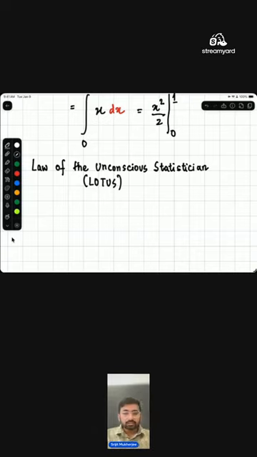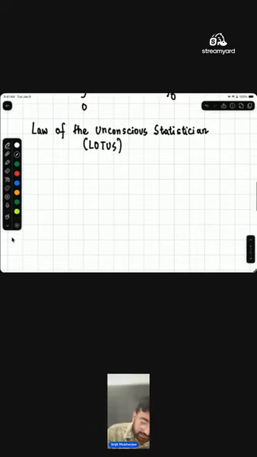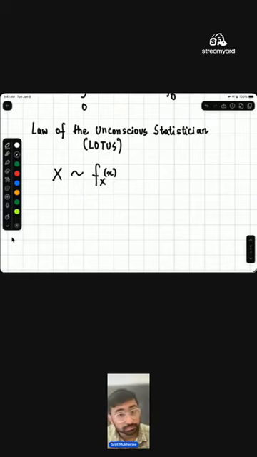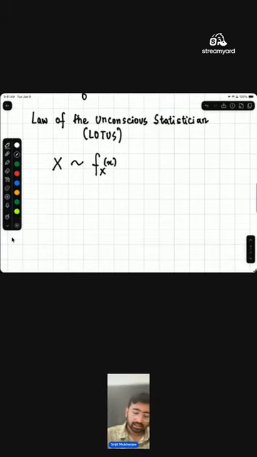This law says that if X has a density, let's say X follows this PDF f(x), and it also holds for discrete random variables, but I'm just talking about PDF right now. Let's say you take a function g(x), which is a function of the random variable capital X.